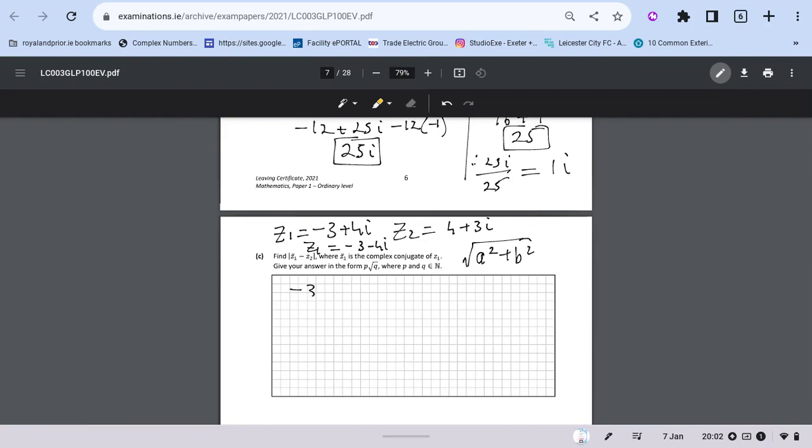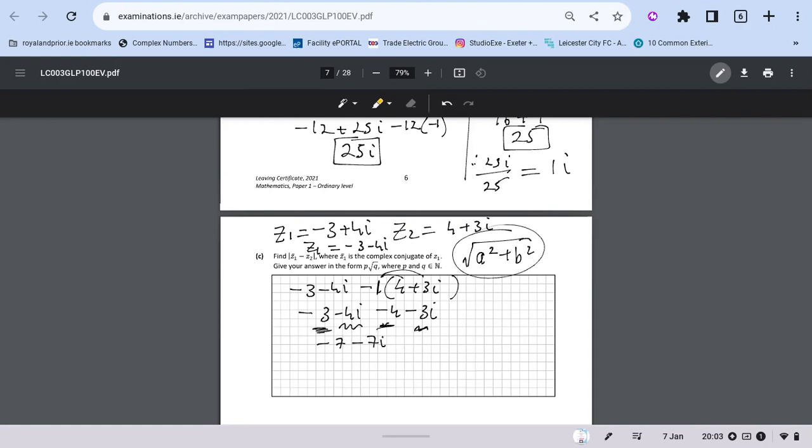So I'm going to subtract: minus 3 minus 4i, minus, and when I'm minusing, I need my brackets, otherwise I'll forget to change the sign of both terms, 4 plus 3i. So minus 3 minus 4i minus 4 minus 3i. It's like multiplying by minus 1 if you need. If I didn't have the bracket, I would forget to change the sign of that. Tidy it up. Minus 3 minus 4 is minus 7. Minus 4i minus 3i is minus 7i.